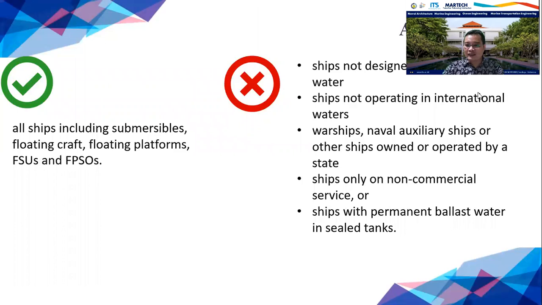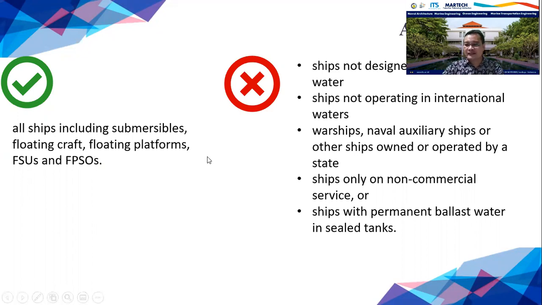Okay. So how is the ballast water convention implemented in this case? The Ballast Water Convention is applied to all ships, including submersible floating craft, floating platforms, floating storage units, and FPSO, floating production storage offloading.